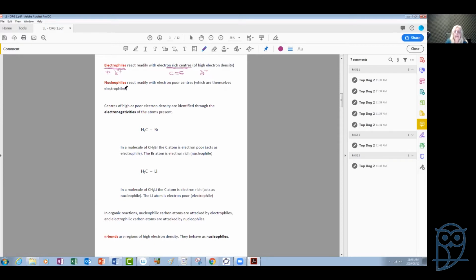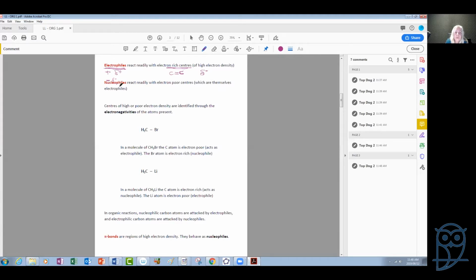The nucleophiles are the opposite, of course. Nucleophiles means friends of the nucleus, because nuclei are positively charged things. Obviously, these nucleophiles are friends of positive species, which means they have either a negative charge or a partial negative charge. That is why they love positive species. They are friends of nuclei.